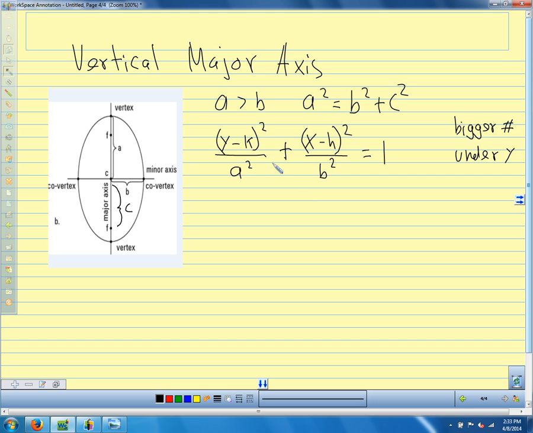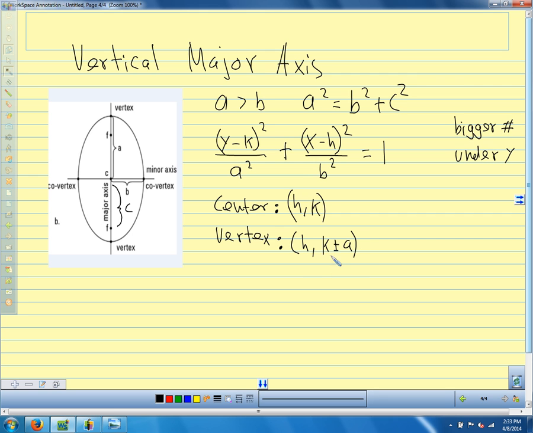Same situation here. Our center is still at the point (h, k). That doesn't change. For each vertex, because my major axis is vertical, A tells us to move up and down from the center to get to the vertex. So it's going to be (h, k plus or minus a).